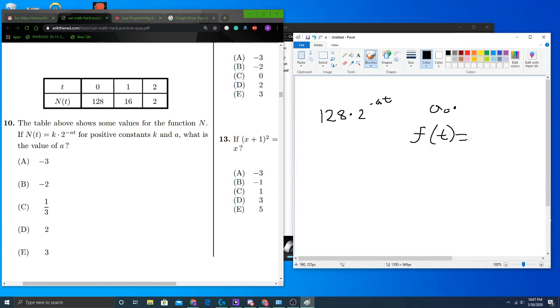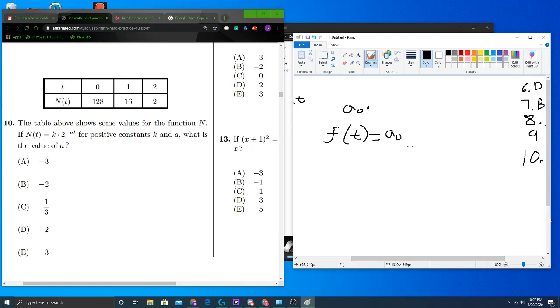The exponential growth and decay functions have a starting number followed by some kind of growth or decay factor. And then this could be plus or minus, depending on it. If it's plus, your graph's going to look like this. If it's minus, your graph's going to look like this. And then with another factor here, with time.